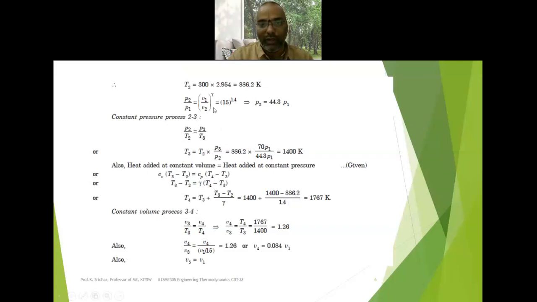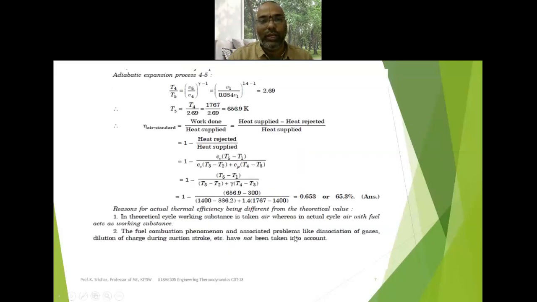First of all we find the unknown pressures and temperatures, then we simply substitute in the main equation of the dual cycle. Air standard efficiency is equivalent to work done by heat supplied, and work done is nothing but heat supplied minus heat rejected. Whenever you substitute all these parameters into this equation, we are able to find the dual cycle efficiency as 65.3%.